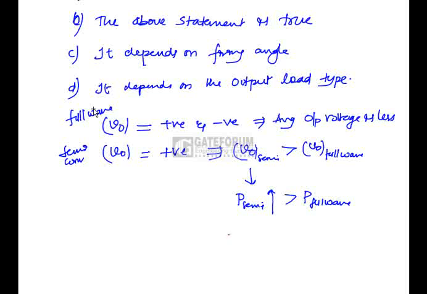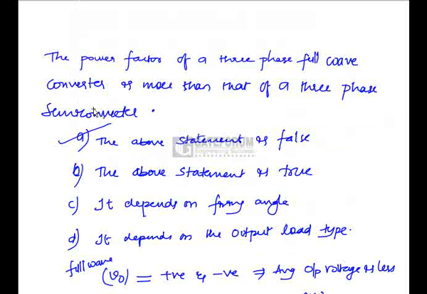If power delivered is more, power factor will be more in semi-converter when compared to that of cos phi of full wave converter. So which one is correct here? The above statement is false. First option, if you see, the above statement is false because the converter power factor is less than that of semi-converter. Full wave converter power factor is less than that of semi-converter.